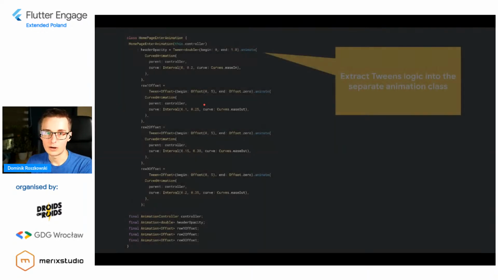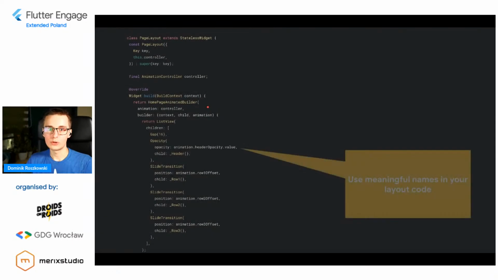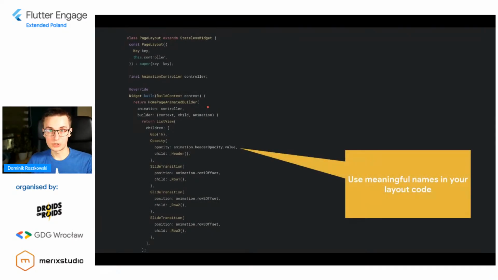But all in all, you operate only on stateless widgets, which is much simpler. And then you have your home page animated builder, and it has its builder, right? And you could also, of course, use child if you want. And then you have this very domain-specific animation object, and you can access header opacity, row 1 offset, row 2 offset, row 3 offset.